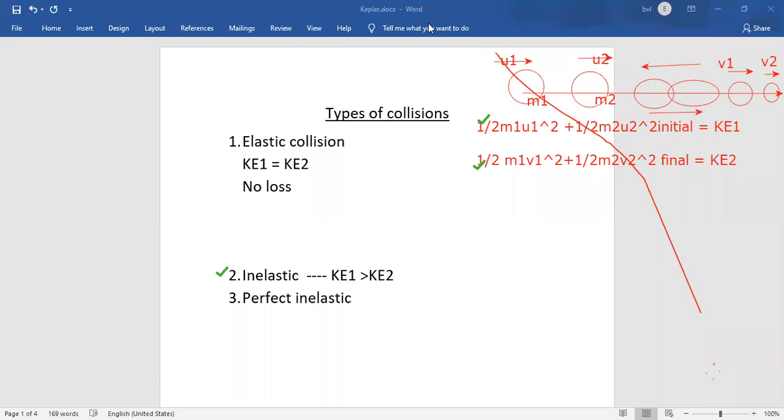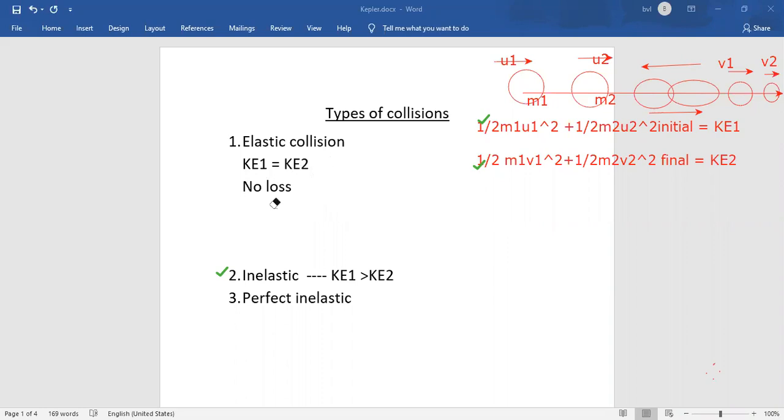So what we have to do here is observe whether the kinetic energy is conserved or not. In the elastic collision, the kinetic energy is equal before and after the collision. Therefore, it is conserved.